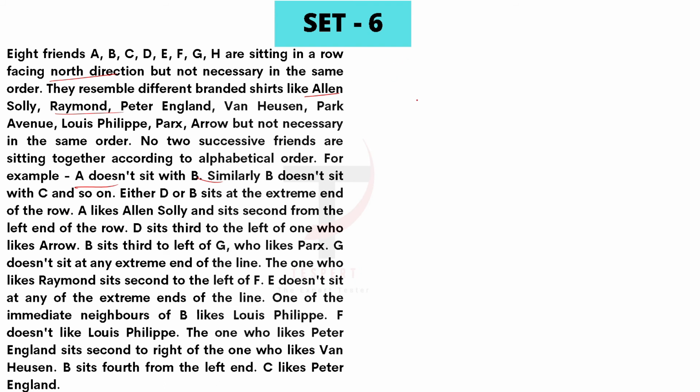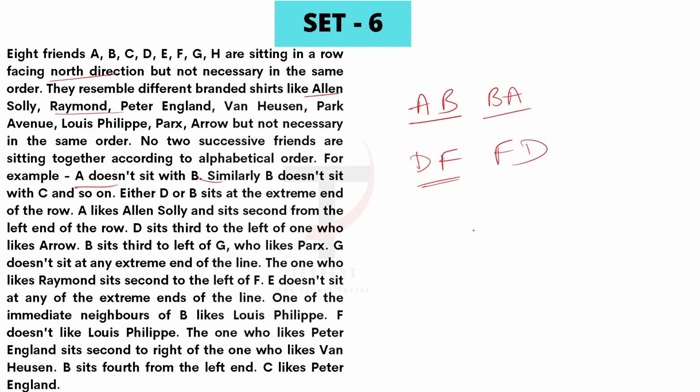See, A doesn't sit with B, so A, B do not form a pair. If A, B do not form a pair, then it also means that B, A shouldn't form a pair, because A, B and B, A are the same if we consider it together. At the same time, D and F, right, F and D, these two do not form a pair.